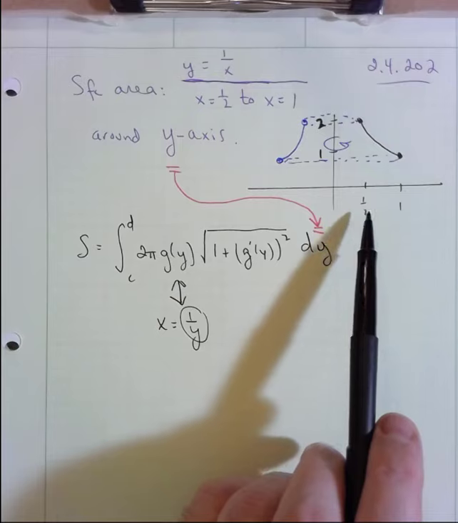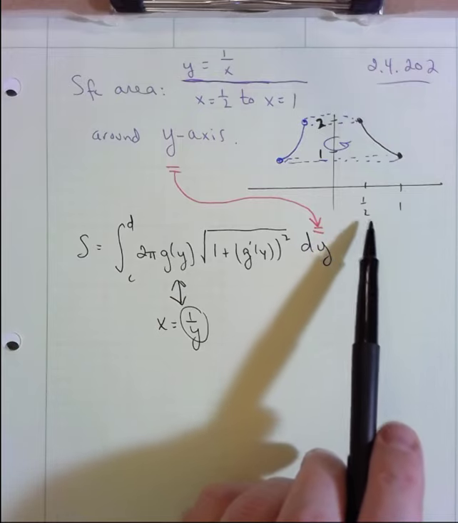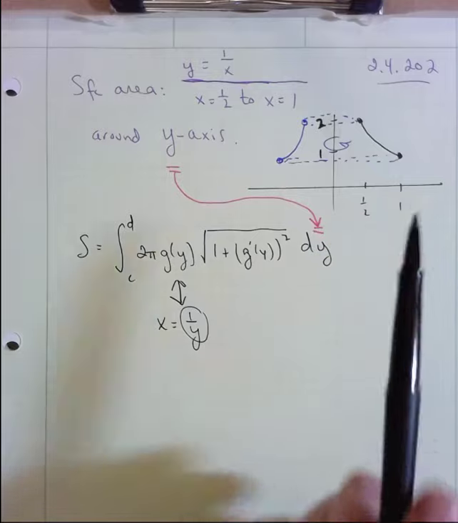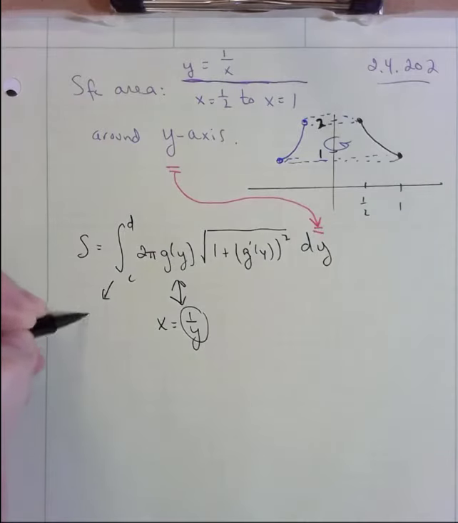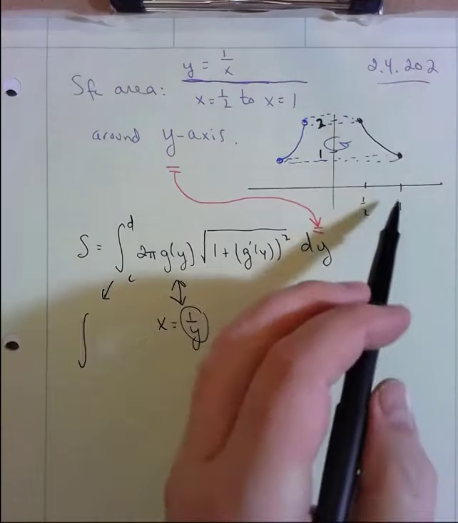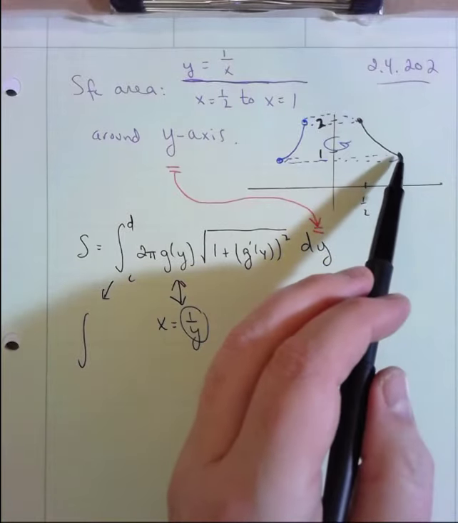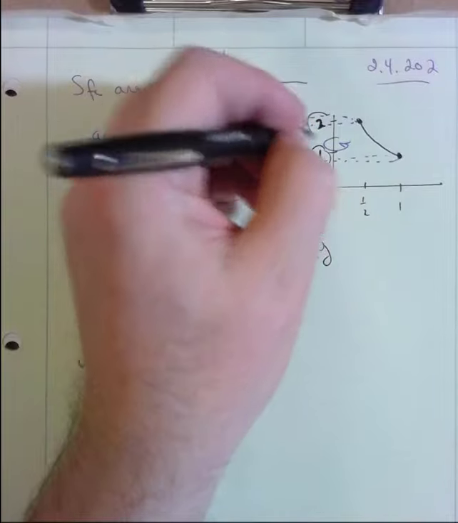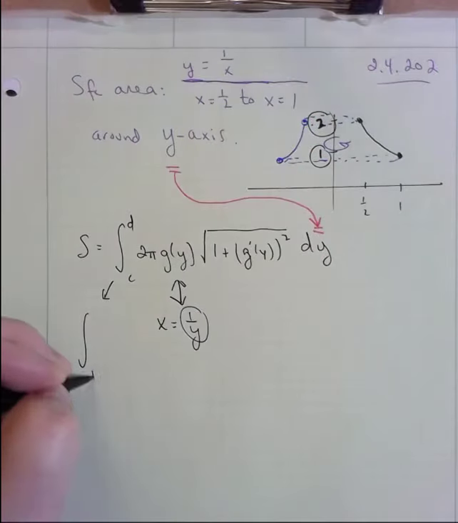Well, if the function is y equals 1 over x, then when x is 1/2, y is 1 over that, which is 2. And the endpoint x equals 1 corresponds to y equals 1. So the endpoints on y are already in the picture. They're 1 and 2, like so.